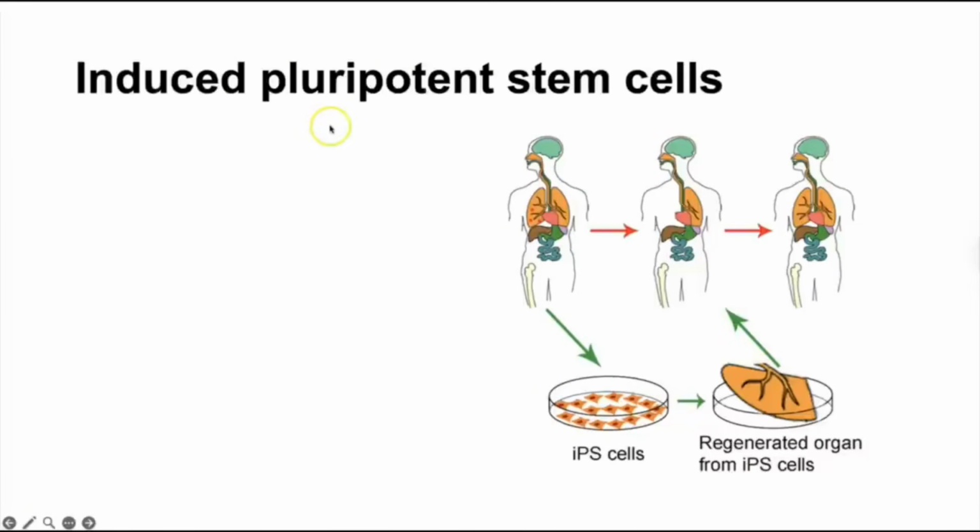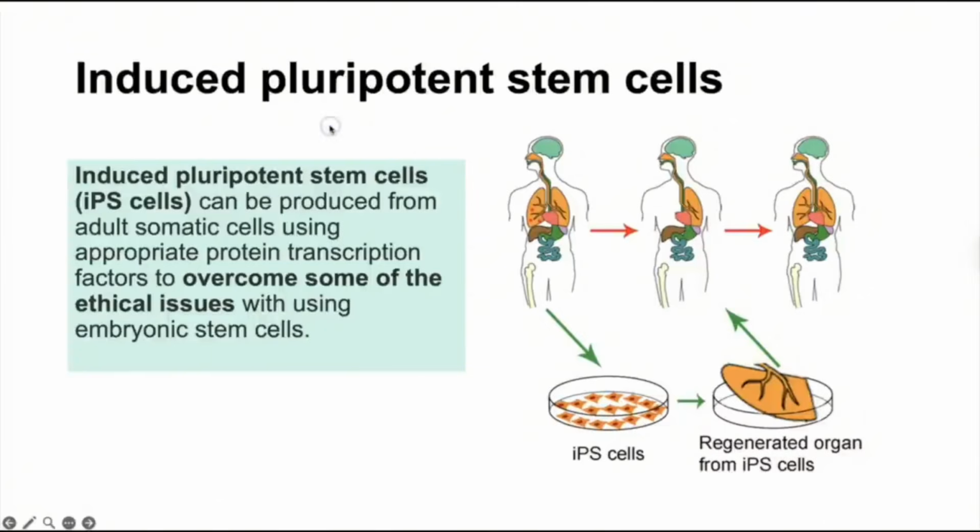Now, induced pluripotent stem cells are something that has been produced scientifically from adult body cells. Somatic cells means body cells, using appropriate protein transcription factors to ensure that all genes can be transcribed again. And therefore, it makes it pluripotent in property, even though you might have taken a multipotent or a unipotent stem cell.